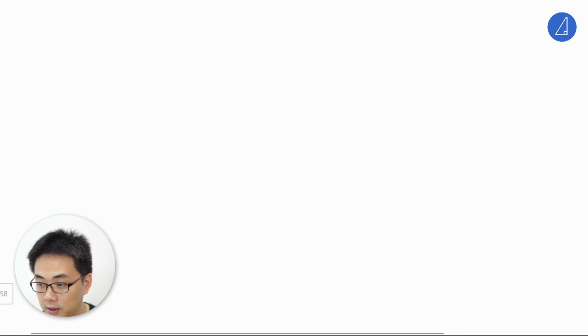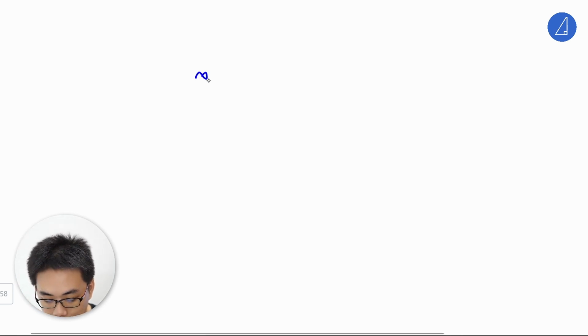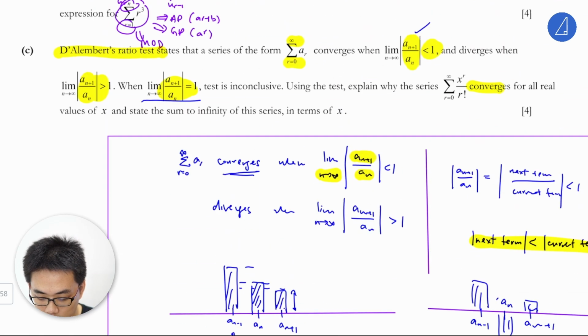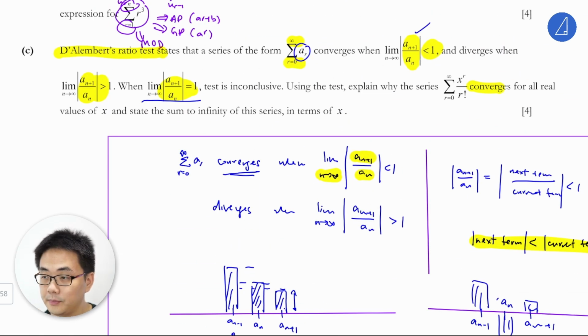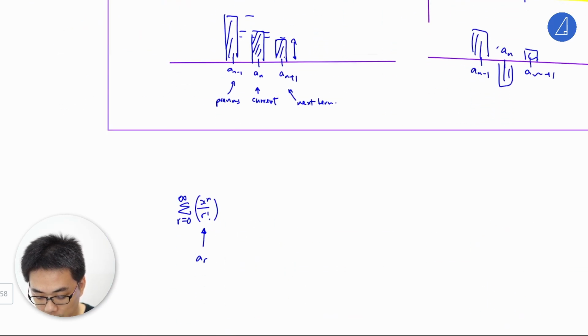So for this expression here, the sum from r equals 0 of x^r over r factorial, this is your a_r, right? Because this is a_r.